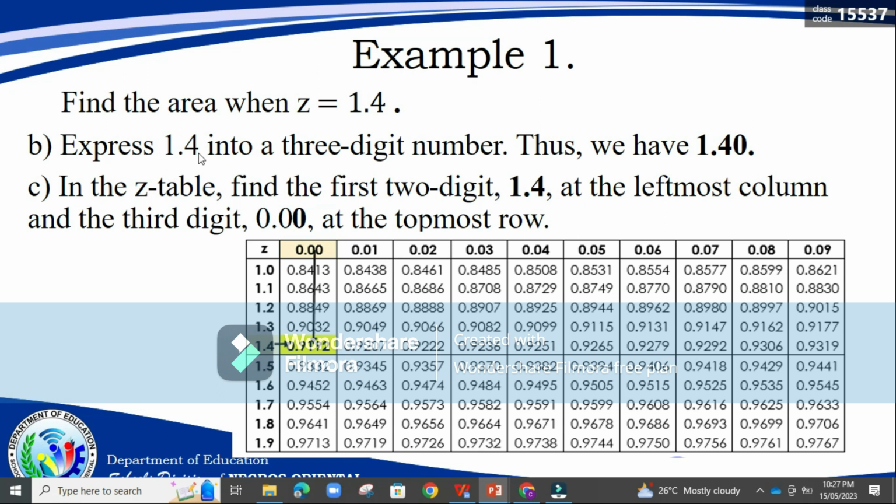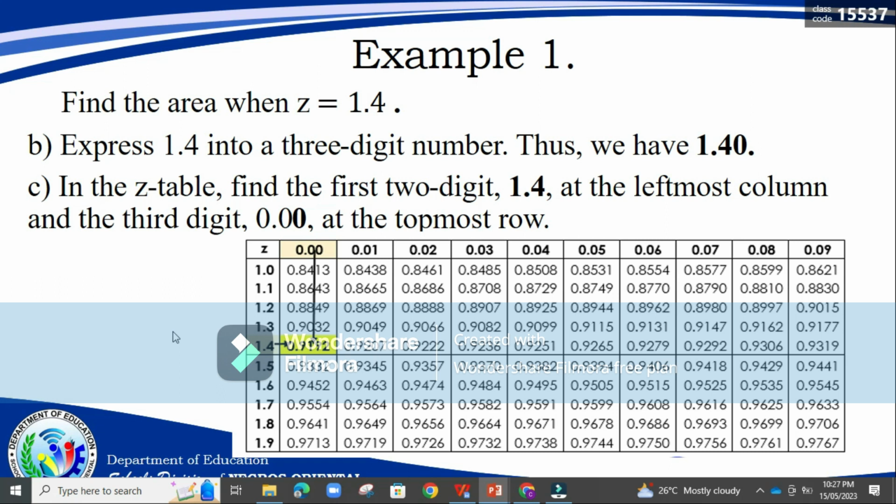Now express 1.4 as a 3-digit number. Since we already have 1 and 4, we are going to add 0 at the end, so we have 1.40. In the Z table, find the first 2 digits, 1.4, at the leftmost column. So this is our leftmost column. Then 0.00 at the topmost row.